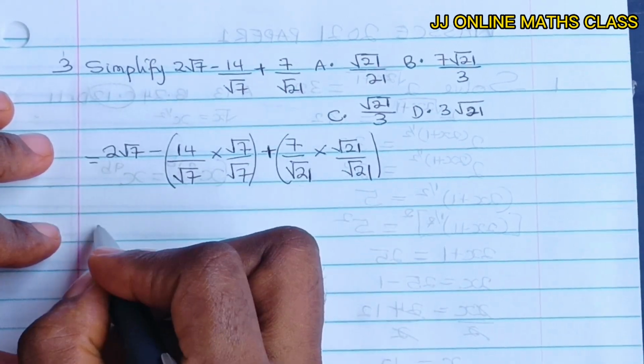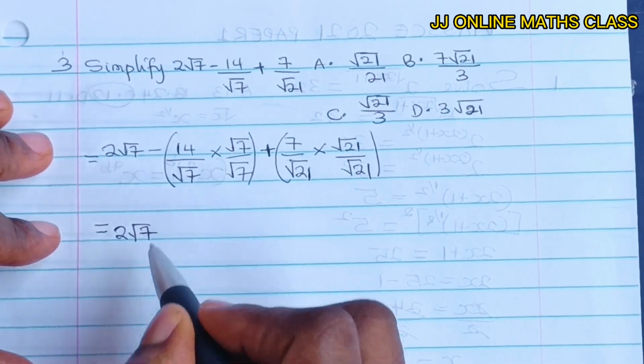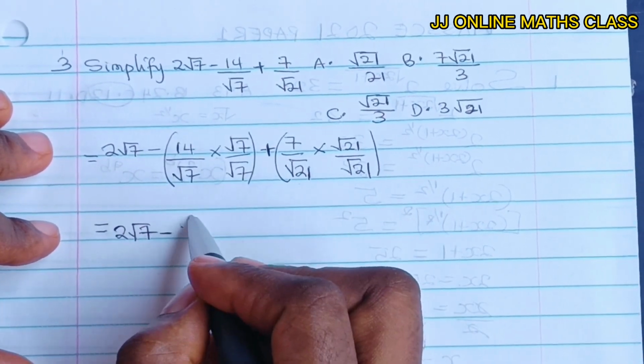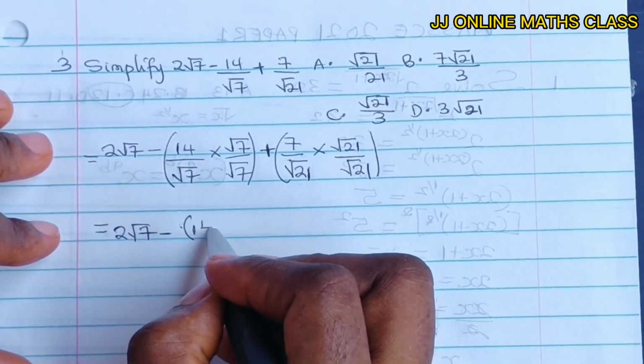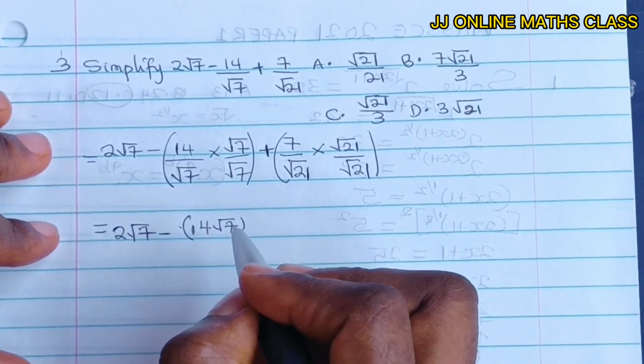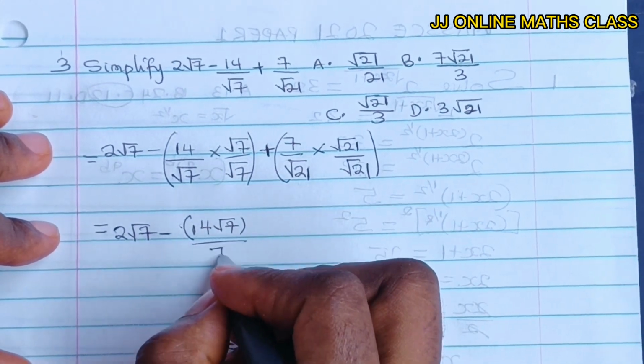So we go ahead and solve. So this is equal to 2 root 7 minus 14 times root 7 will give you 14 root 7 over root 7 times root 7 will give you 7.